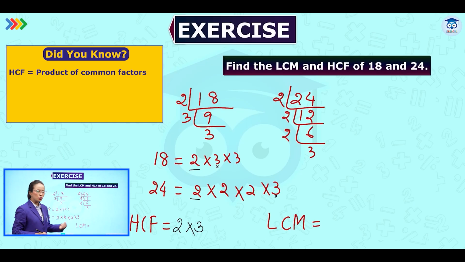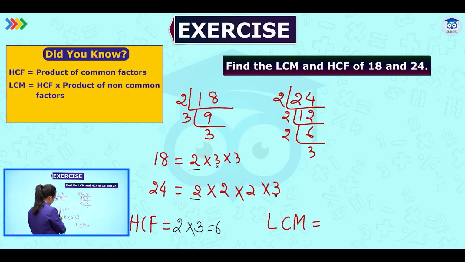Apart from this, the other 3 of 18 has no matching 3 in 24, so we do not take it. Same for the extra 2s of 24, they are not in 18, so they are not considered. So the HCF is 6.